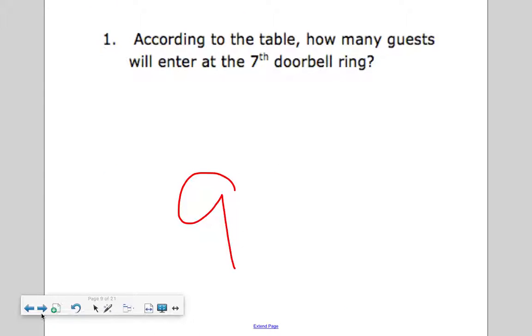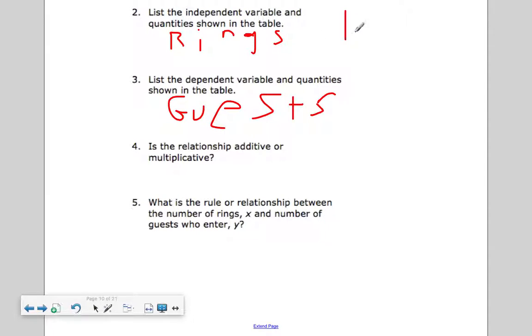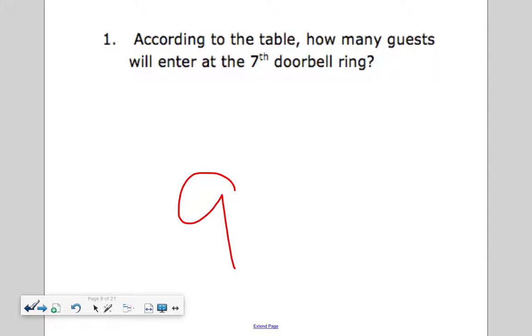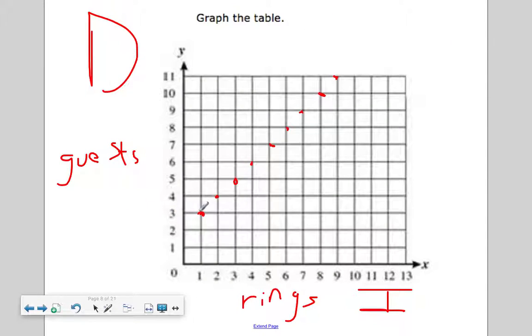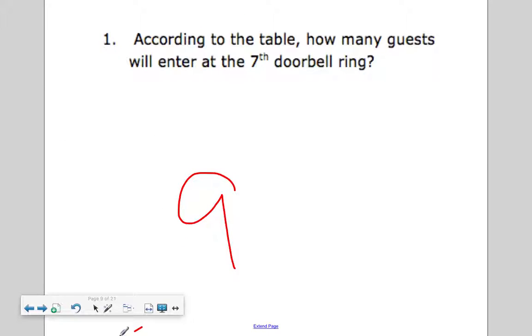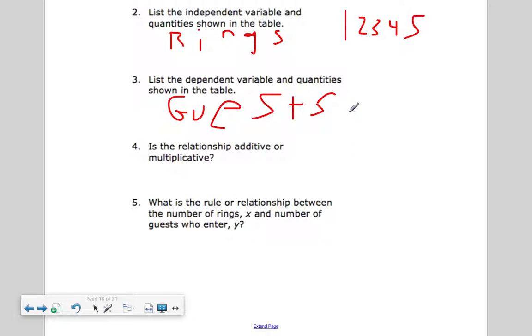So I could write that down. Some of the dependent quantities are 3, 4, 5, 6, 7, and so on.